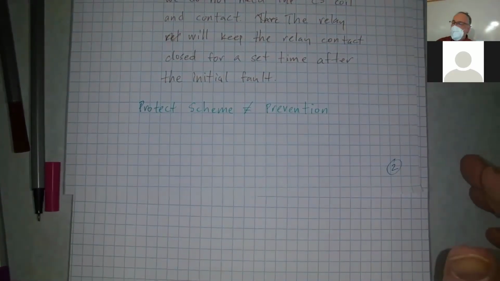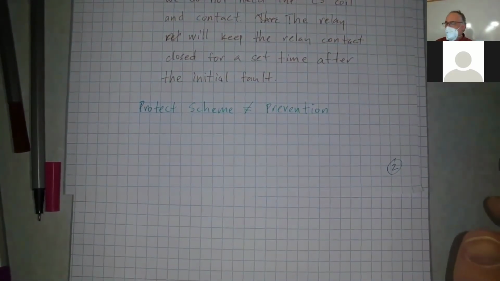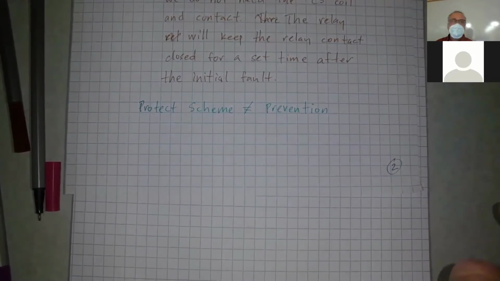So our relay scheme is only dealing with when bad things happen. It doesn't prevent the bad things from happening.